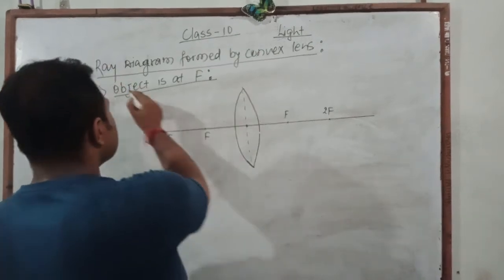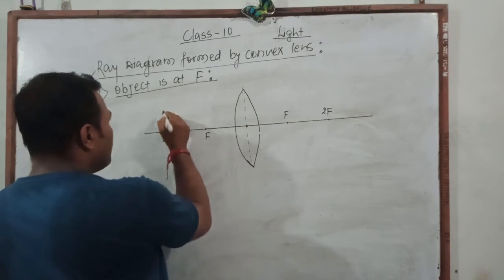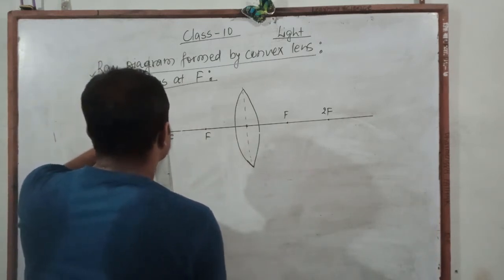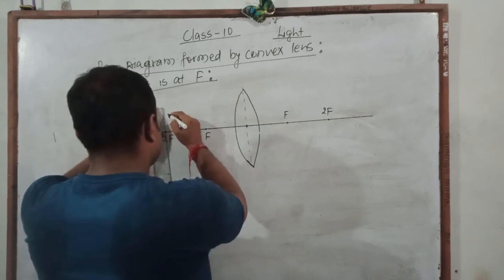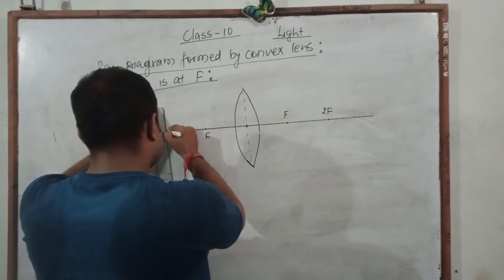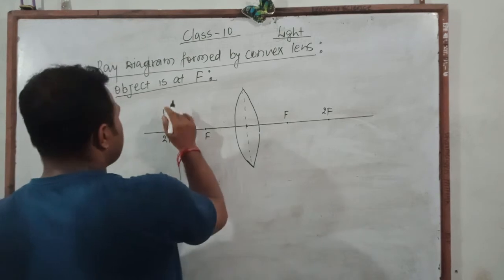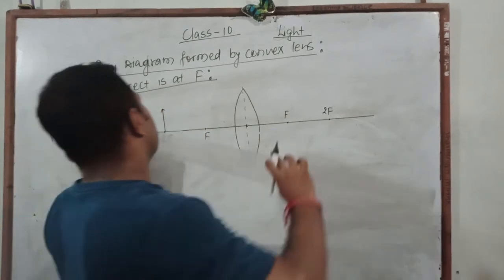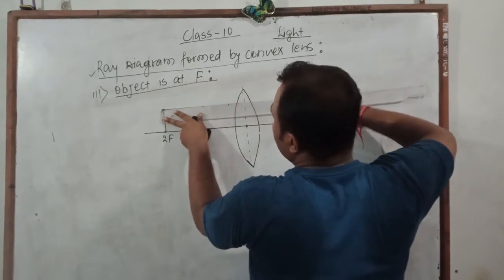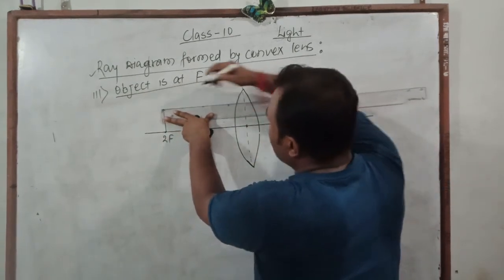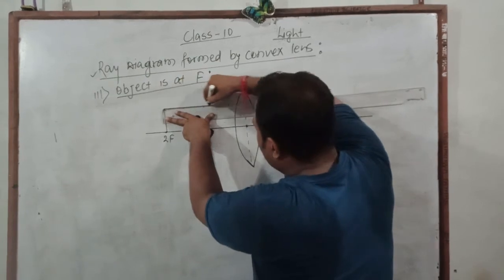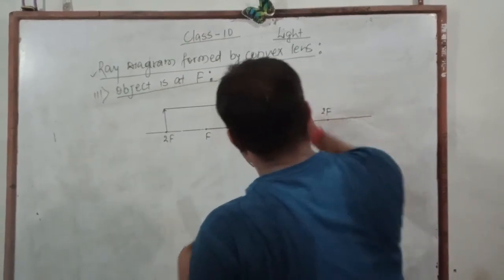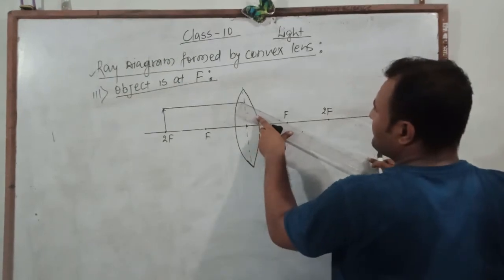And according to the condition, the object is at 2f, and with the help of a scale we draw the object, straight, erect, like that. The object is at 2f. And then in the same way, one ray of light parallel to the principal axis goes up to the axis of the lens, and it passes through f.